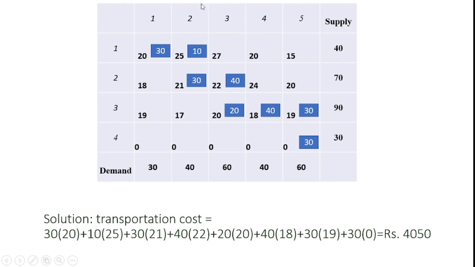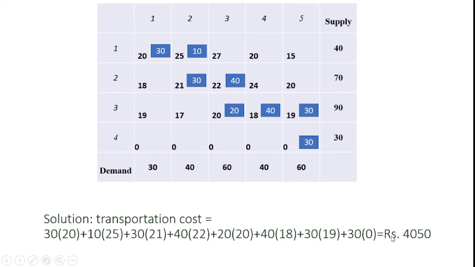Likewise here you see the allotted value is 30, in the tabular column the value is 20, so 30 into 20 plus 10 into 25 plus 30 into 21 plus 40 into 22 plus 20 into 20 plus 40 into 18 plus 30 into 19 plus 30 into 0.